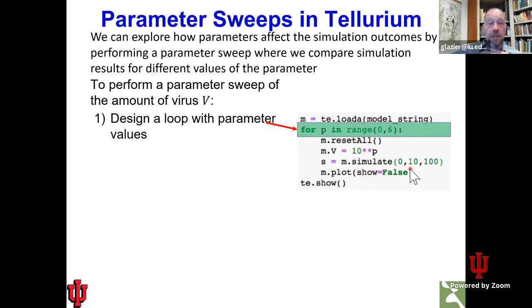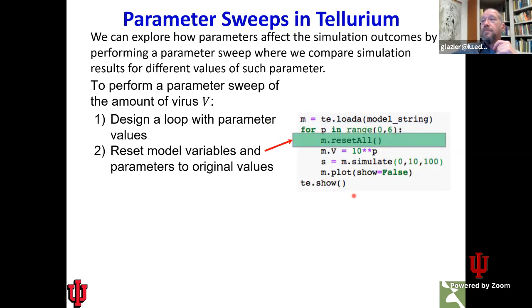I run my simulation. And then another Python-y thing, m.plot with show equals false, will cause the plots to be overlaid on each other. Show equals true would give me a separate plot for each one. You can try that. And then te.show displays the things I've accumulated. There are a lot of other ways to do stacked plots, but this is the simplest one.